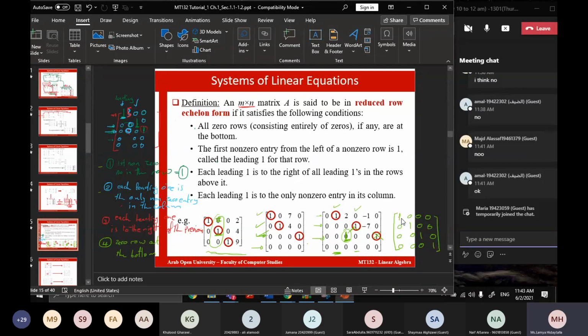For instance, this one has ones on the diagonal like that, correct? And I can draw a line for them in this case. Okay, what do you think? This one, is it in the echelon form or no?